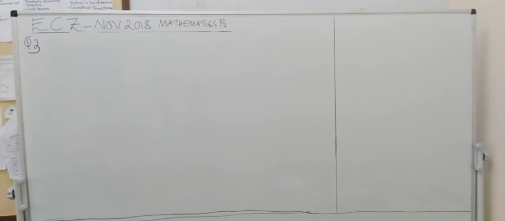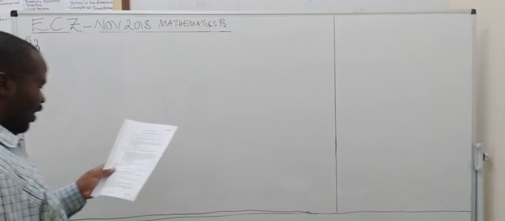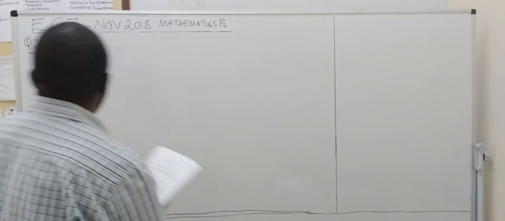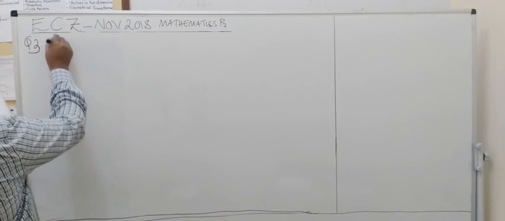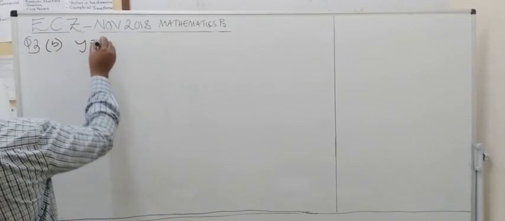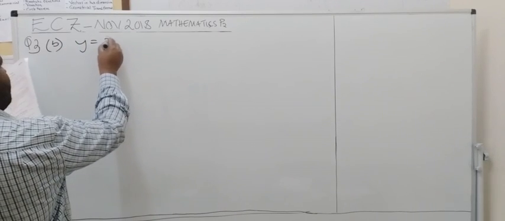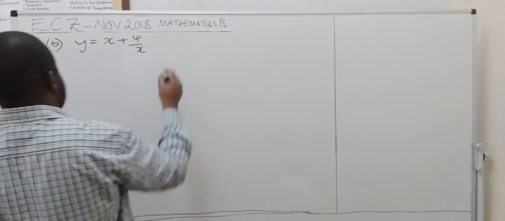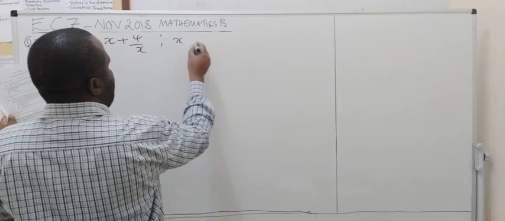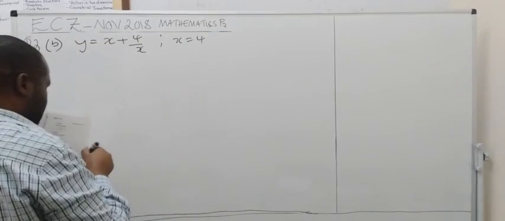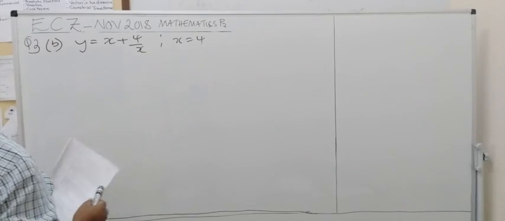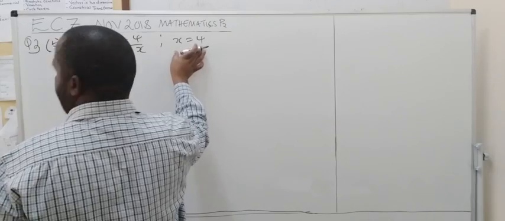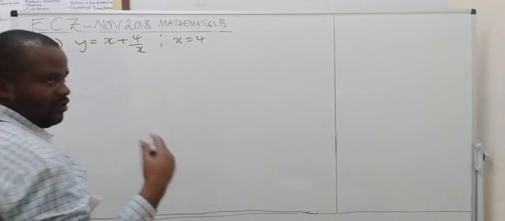Okay, so let's look at part B. Find the equation of the normal to the curve. Y is equal to x plus 4 over x, where x is 4, right? Now, for you to find the equation of the normal, the first thing that you need to do, where you are given only one value of x, find the other value in advance of y, right?